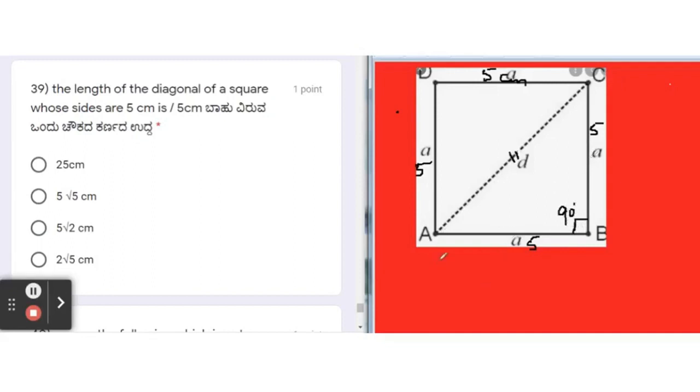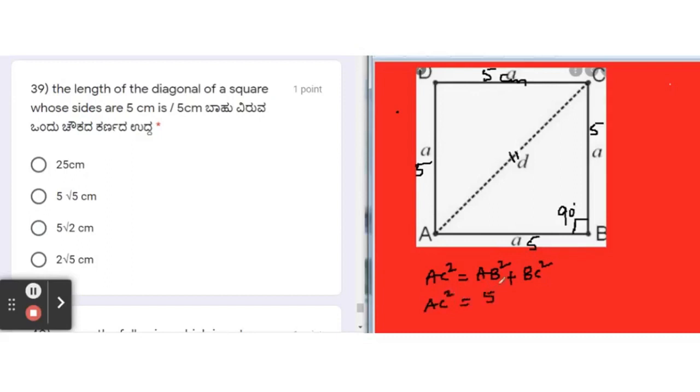Therefore, we have to use the Pythagoras theorem. What the Pythagoras theorem says is that the hypotenuse square is equal to the sum of squares of the other two sides. The other two sides are AB and BC, so the sum can be written as AB square plus BC square. The diagonal is AC, which we don't know, so I am keeping it as AC square.